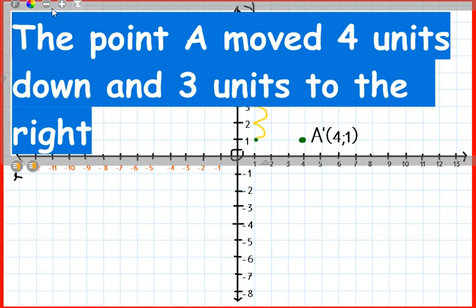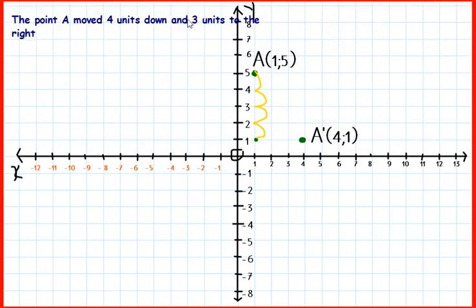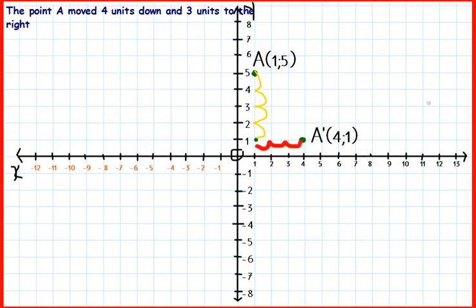It does not matter the order you do that in. Let me use black in this case. From this point A in black, we move to the right first, 1, 2, 3. Then we move down 4 times.